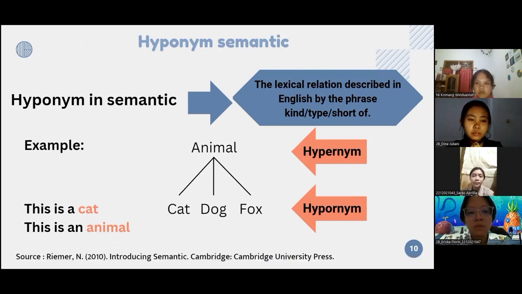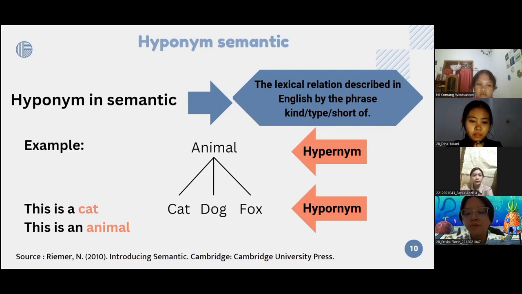So what is hyponym semantics? Hyponym semantics is the lexical relation described in English by the phrase kind, type, or sort of. For example, I'll give you here cat, dog, and fox. In this example, animal is the hypernym and cat, dog, fox are hyponyms.